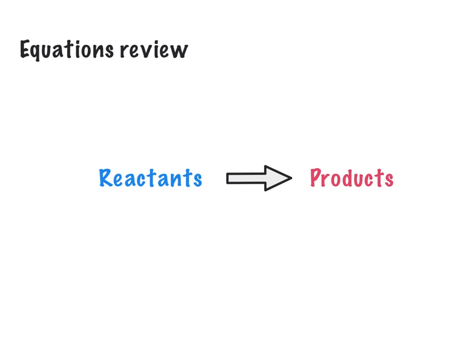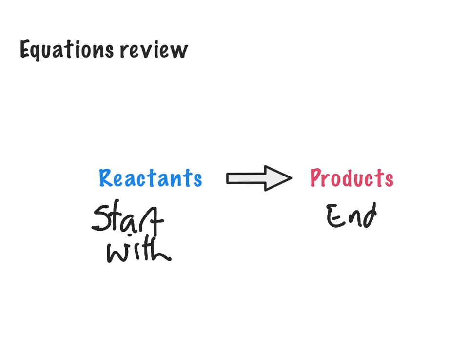So let's look at what we had to start off with. You should have recalled, and you would have seen lots of equations, and we normally have a simple meaning to it. We simply say reactants are what we start with. This is what we end up with or finish with.